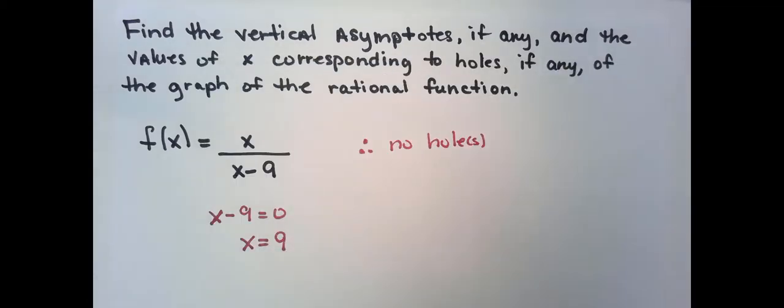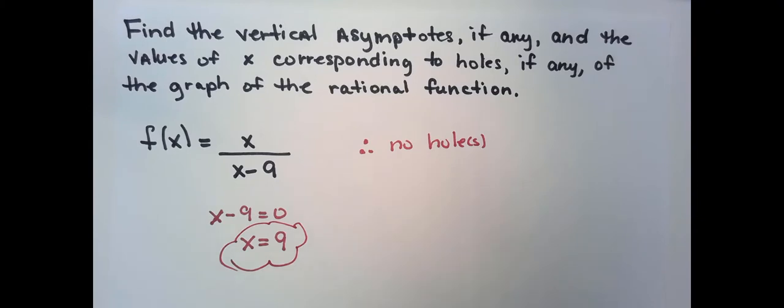Okay, so find the vertical asymptote. We did: x is equal to 9. Are there any holes? No, because we were not able to factor the numerator and denominator. Let's do another example.